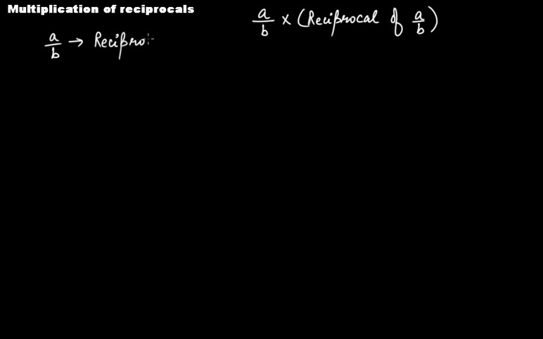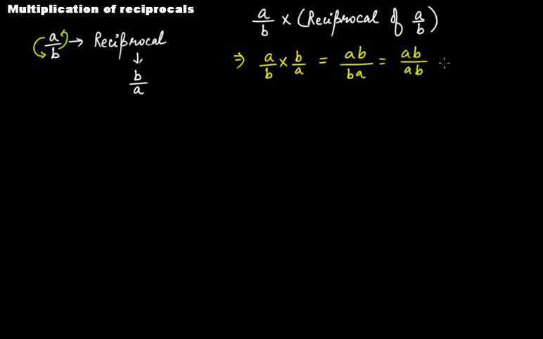Reciprocal of a over b will be b over a. b goes at the place of a and a comes at the place of b. So if you look at this one, this becomes a over b times b over a. So if you solve this, a and b are any arbitrary numbers, and this becomes ab over ba. Now ba can also be written as ab only. So this becomes 1.